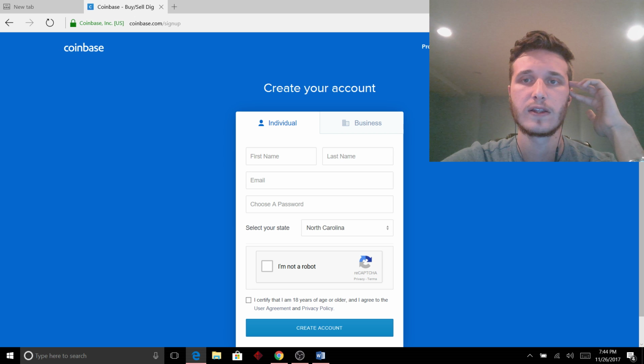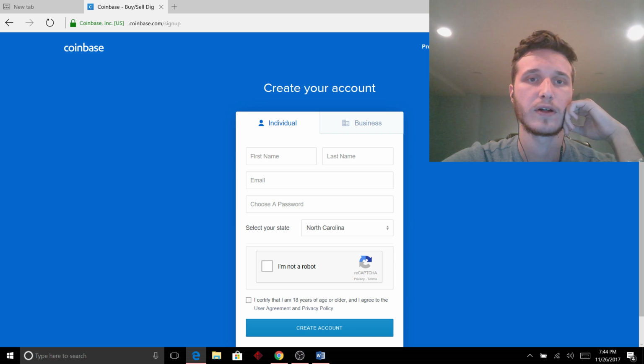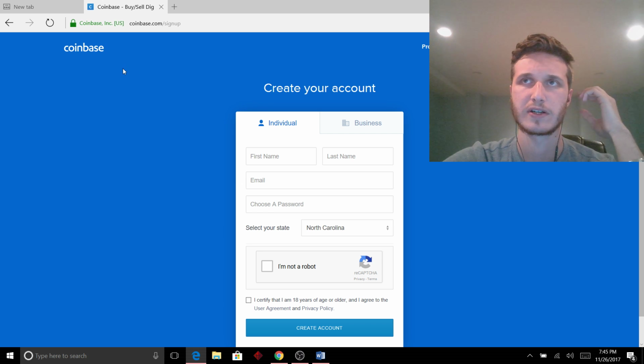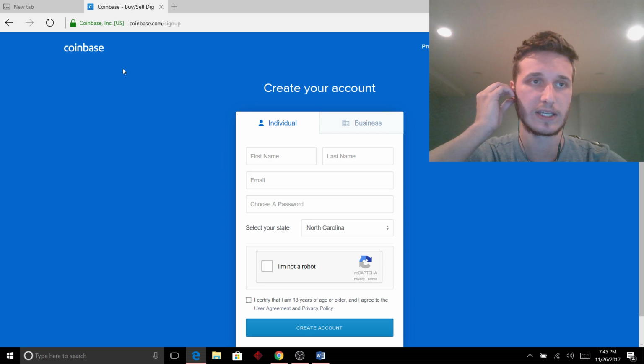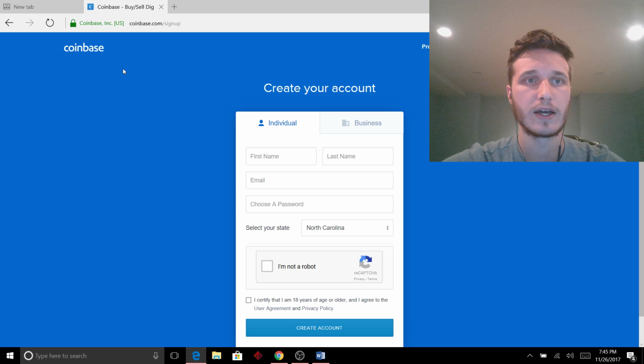But then when you try to buy Bitcoin, it'll ask you to verify your identity, which just means you either take a picture of the front and back side of your driver's license or a photo ID. So it's pretty simple as long as you don't use an expired ID.